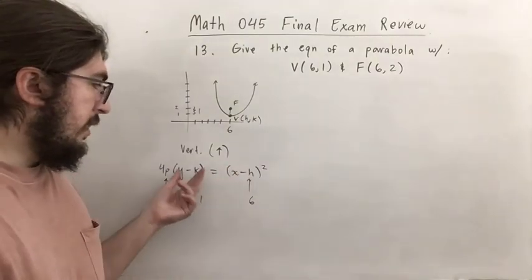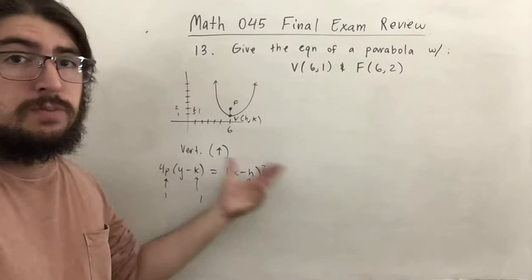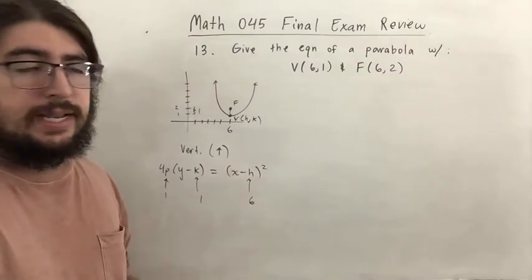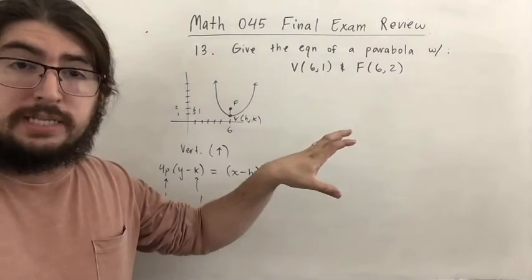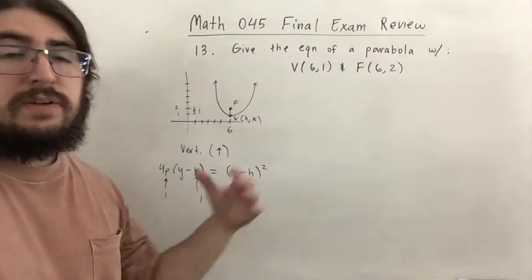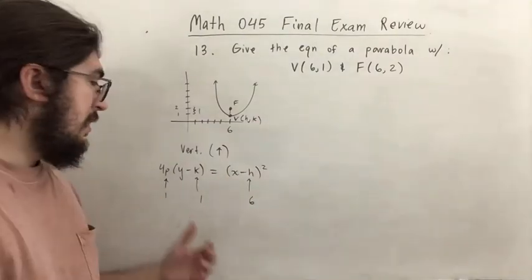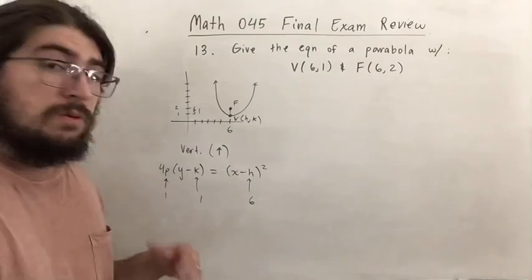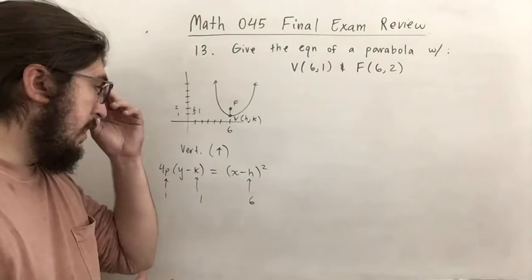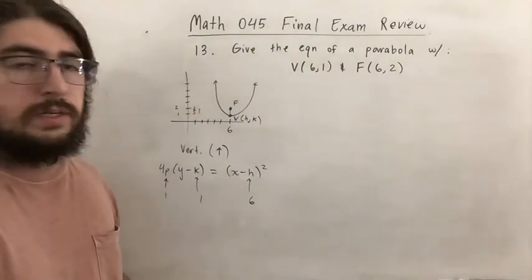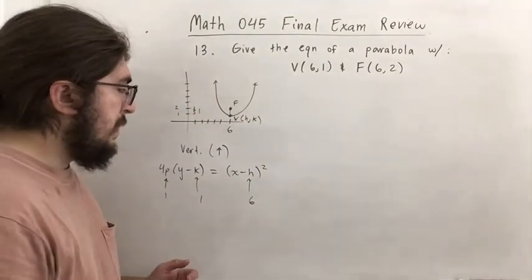The 1 that's squared is y minus k in that case, and 4p is multiplied to the x minus h factor in that case. Now remember, if the parabola opens in the positive direction to the right, p is positive, but if it opens in the negative direction to the left, p is negative. And the actual value of p, that's not the sign part, just the absolute value, is the distance from the vertex to the focus. Okay, great.